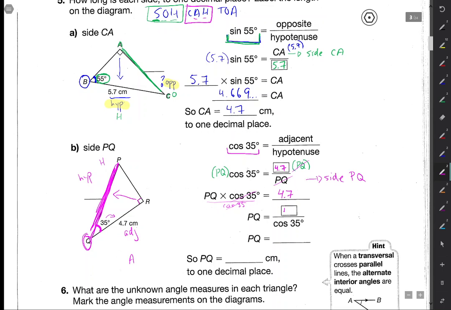So that'll leave 4.7 divided by the cos of 35 on the other side, because we did divide both sides here. I just didn't write it down. There we go. So then we have PQ is equal to 4.7 divided by the cos of 35. And if you put that into your calculator, you'll get that PQ is equal to 5.737. So side PQ is equal to 5.7 centimeters.